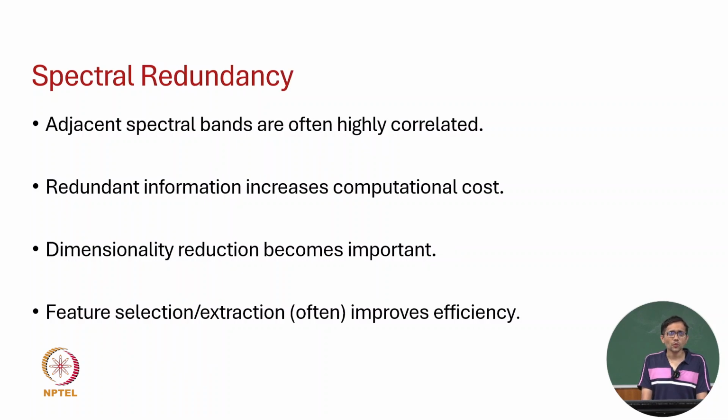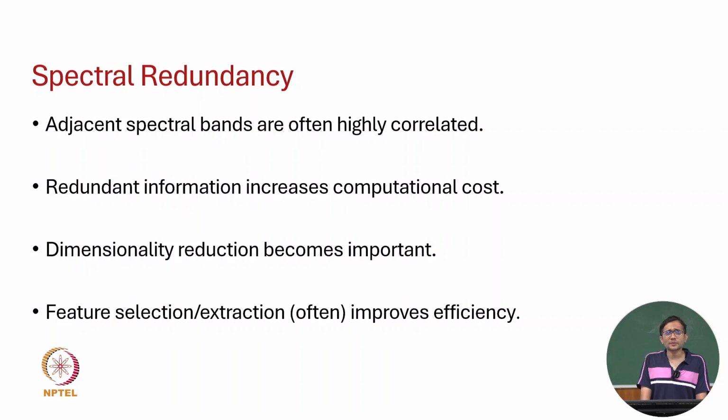However, we also have to understand here that the adjacent spectral bands are often highly correlated, and thus, in a way, we have redundant information, which means this will also increase the associated computational cost. And thus, in many applications with hyperspectral images as input, dimensionality reduction becomes an important step.